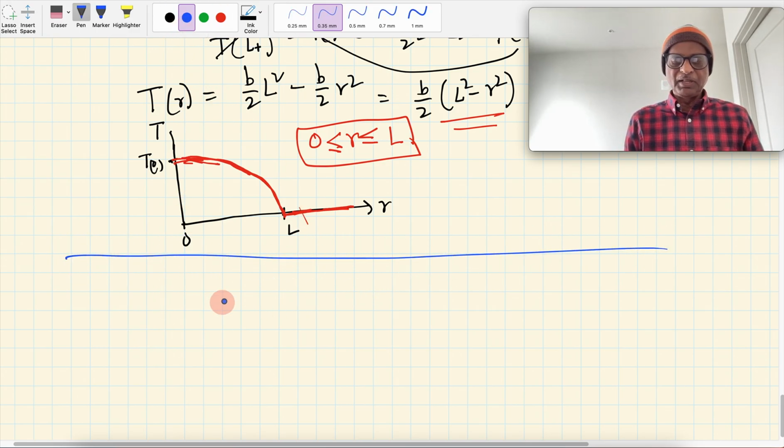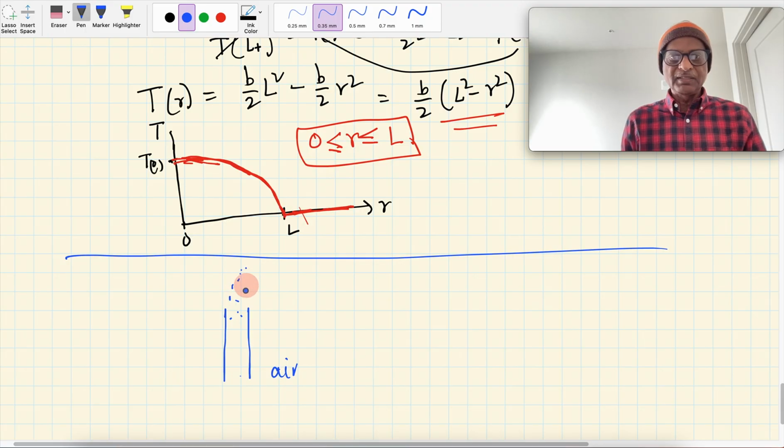For example, when you have a column of air, so this is air, and it thins out as you go up.